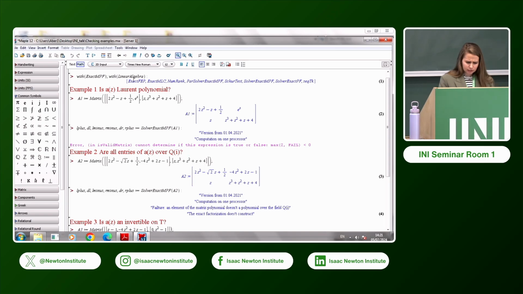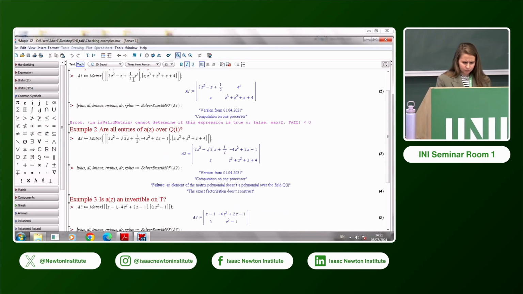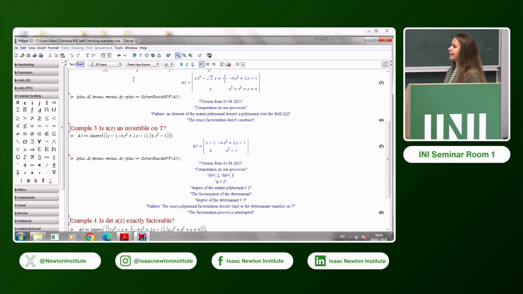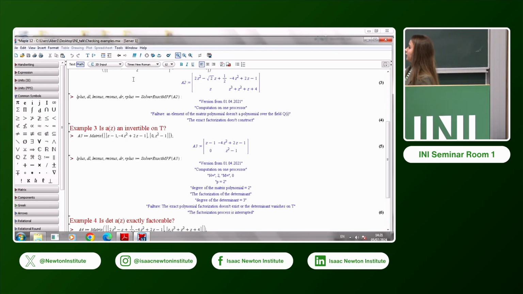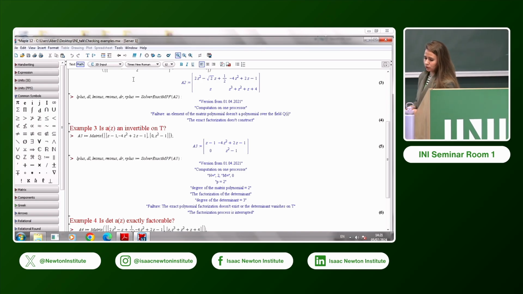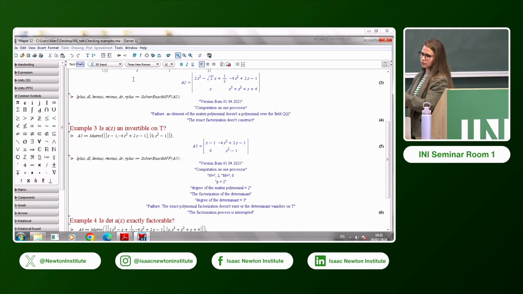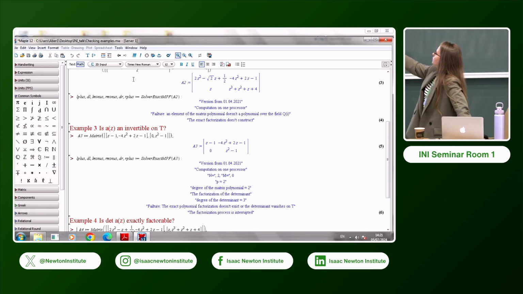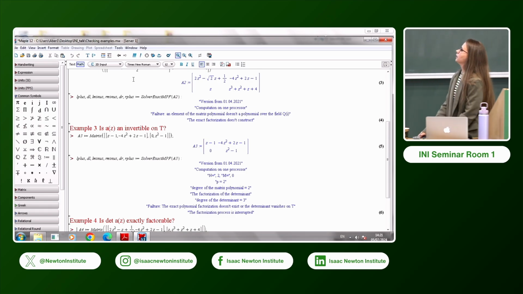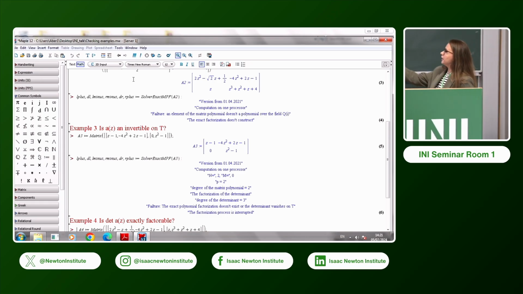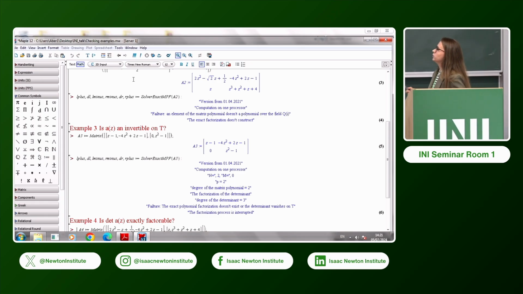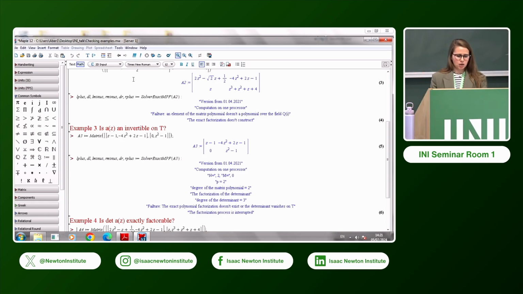So let's try this one, and again the exact factorization is not possible because I think you can see that because of these two elements, matrix A won't be invertible on T.